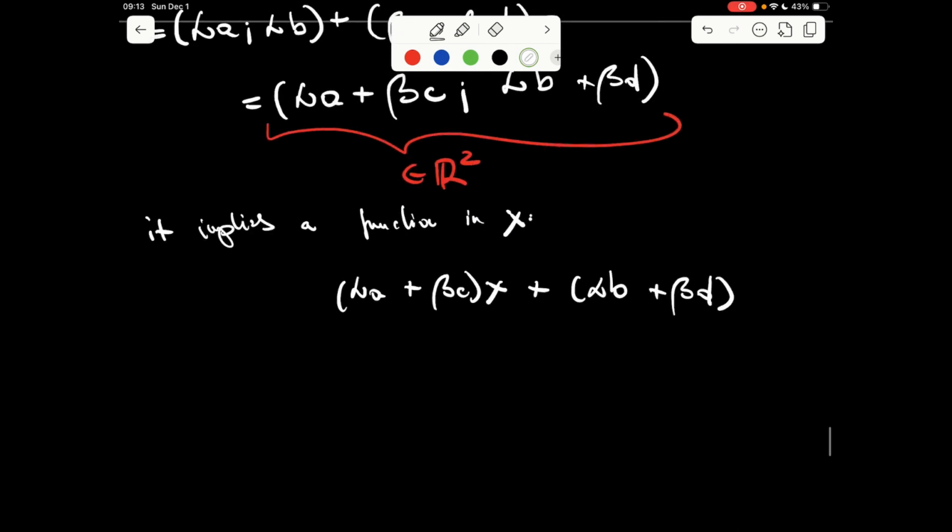And from this it follows that this equality holds.